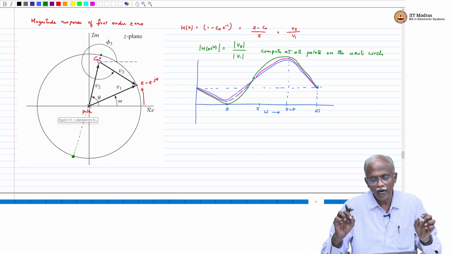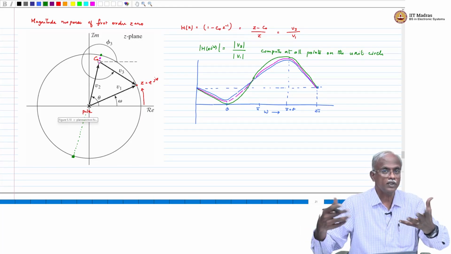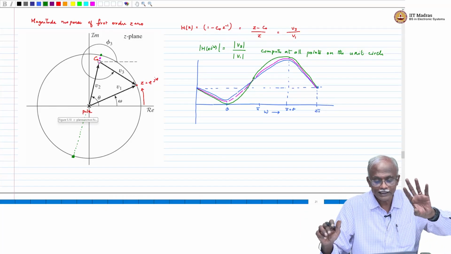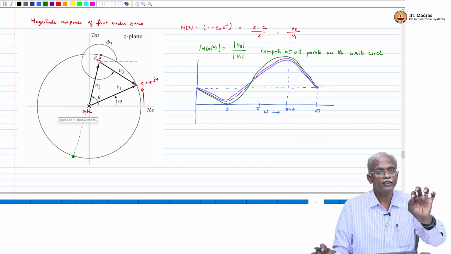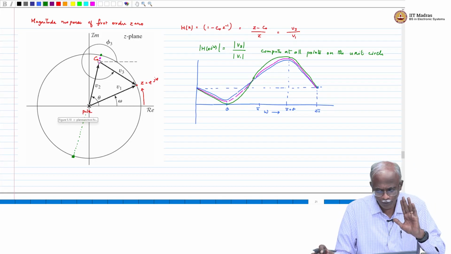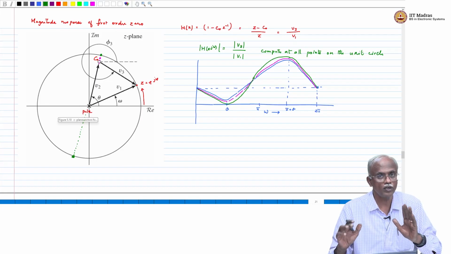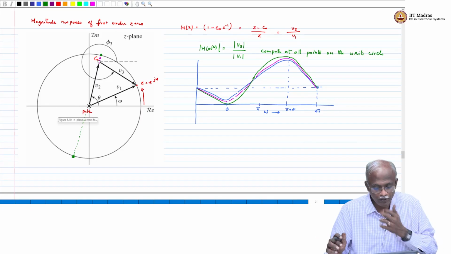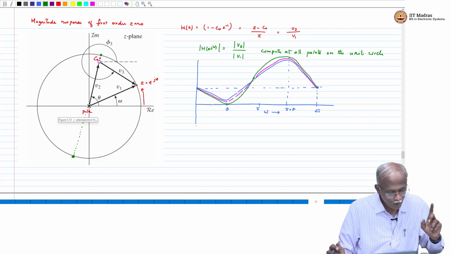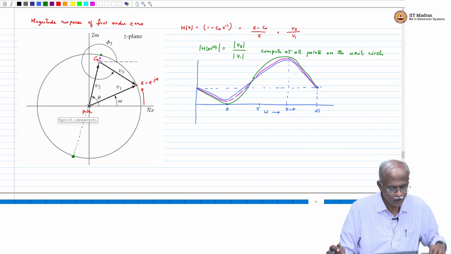So you can see how the response of the LTI system, the magnitude response, is changing based on where the 0 is located. I hope you are comfortable with what we're seeing here.